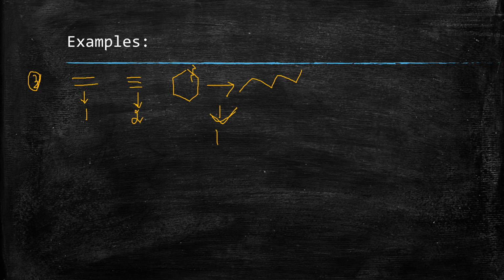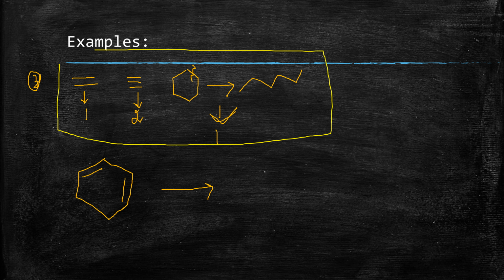So for example, let's take this compound, and let's try to find out the index of hydrogen deficiency. What will we do? We'll be using this third method right now. Let's see how.